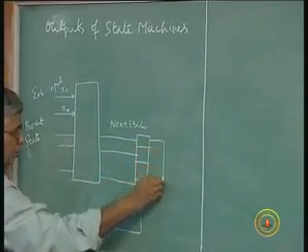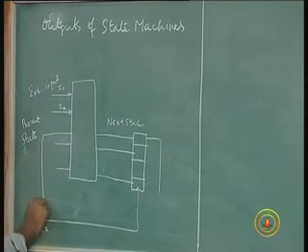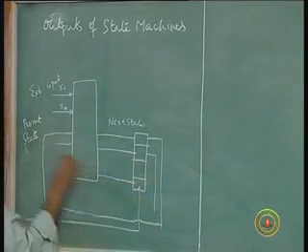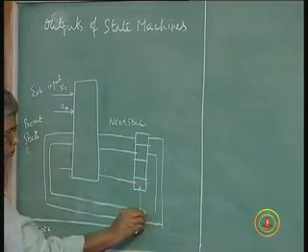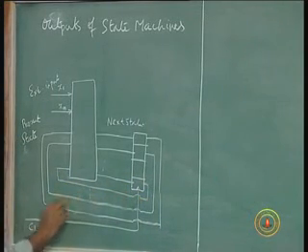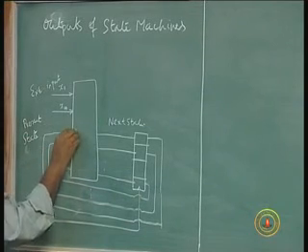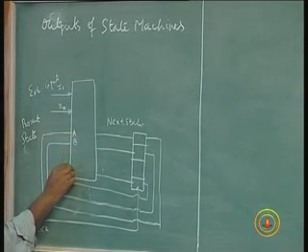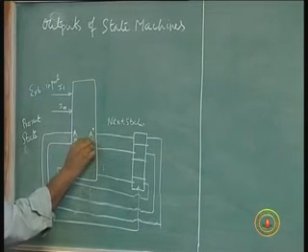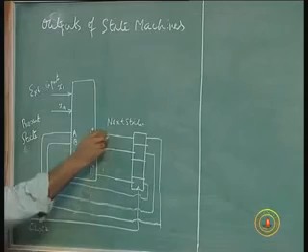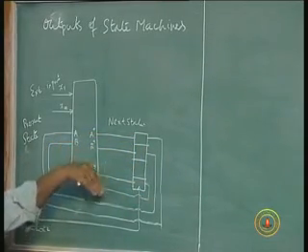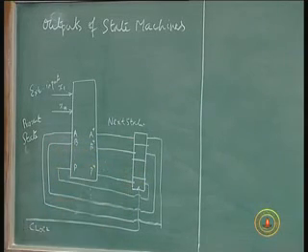The outputs of these become the input to the state machine for the next state determination. If you want to call these A, B, C, some P, these are the corresponding next state values which are stored here and fed back, and they become the present state after the next clock trigger.